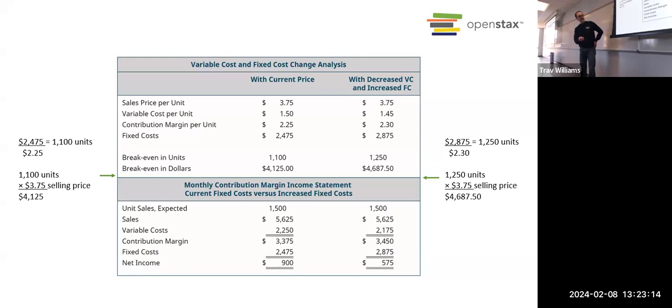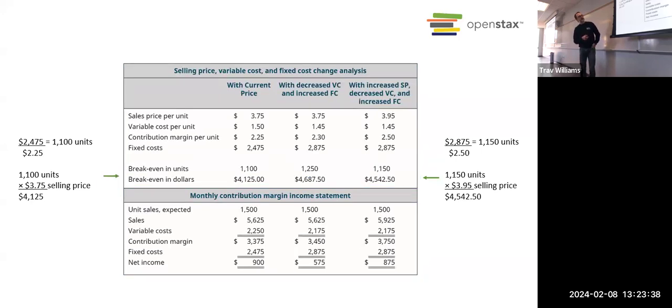And we can see our profits go down pretty significantly from 900 to 575. Is it worth it to do this? Well, that's for management to decide, right? If there's some benefit that we don't see here, maybe it does make sense. But obviously we're taking a hit on profits. So from that angle, maybe not.